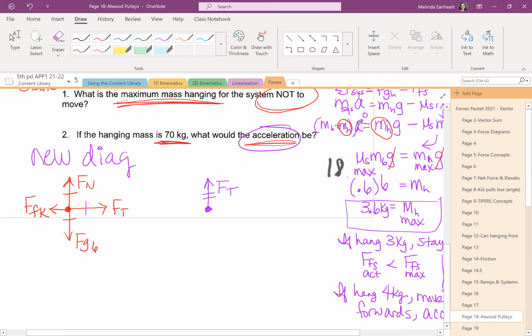And so I'm going to put 2s since we're on a new set of diagrams. But the hanging mass, 70, you don't have to be so extreme, but yeah, it's going to be extreme. 70 is much bigger than 3.6. And so FG 70.